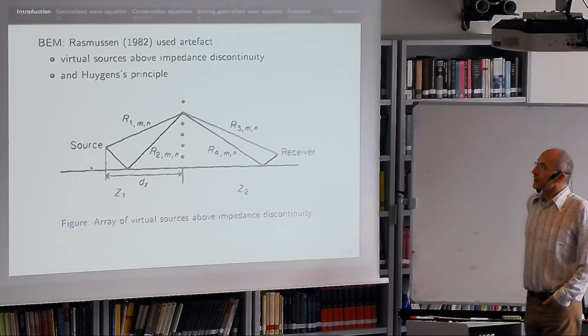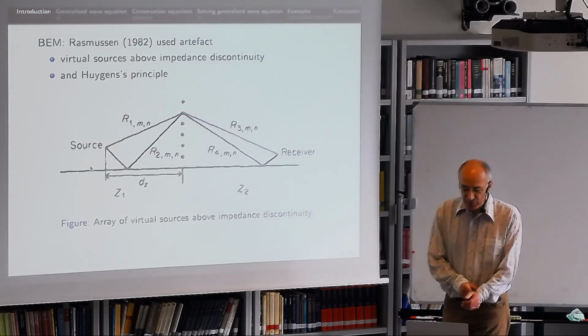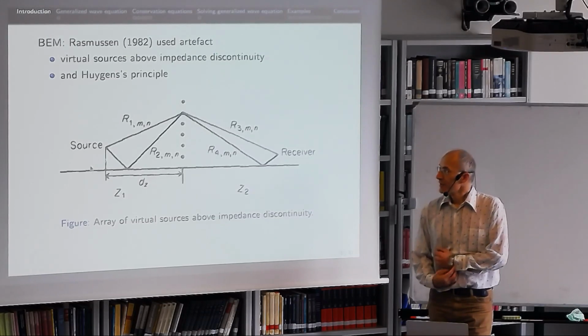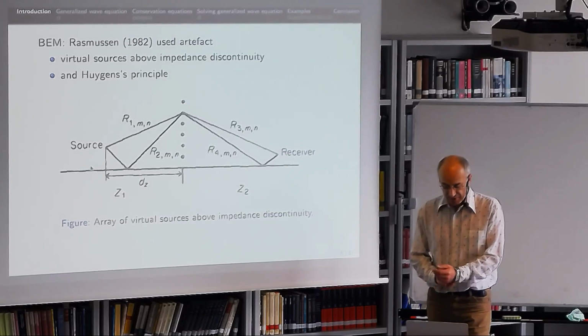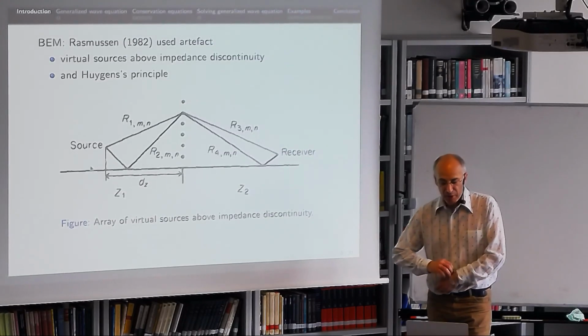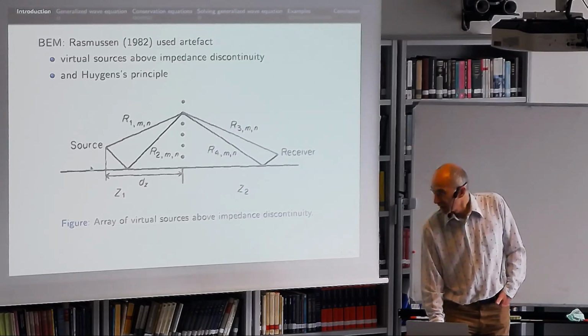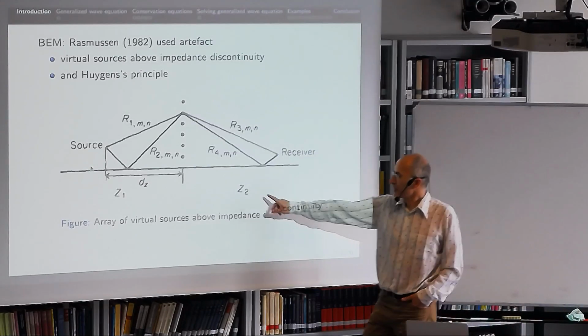A second reason for looking at this question was a paper by Carsten Bo Rasmussen, who was interested in computing with the boundary element method the propagation above a plane with not one admittance, but with two different admittances.